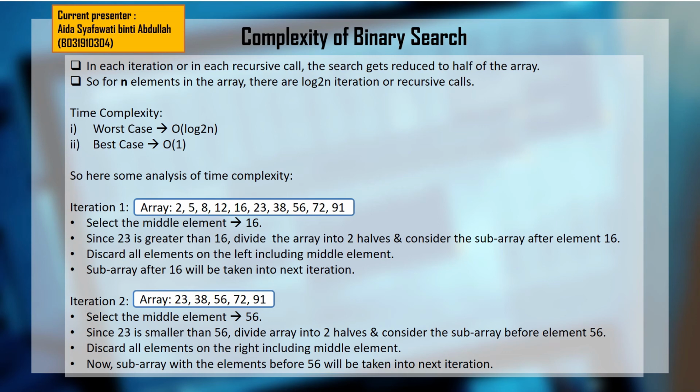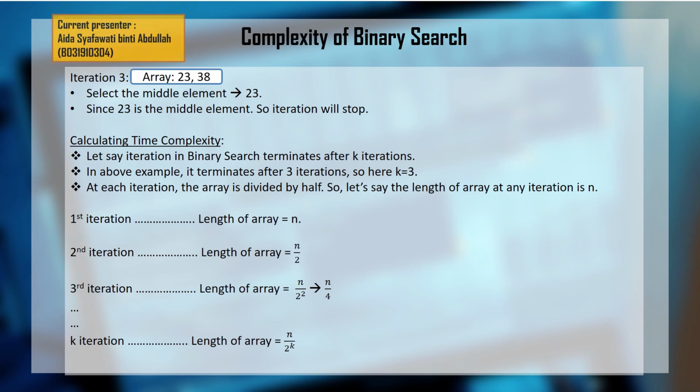Now, the subarray with the elements before 56 will be taken into the next iteration. For iteration 3, it has 2 elements, 23 and 38. Select the middle element 23. Since 23 is the middle element, the iteration will stop.